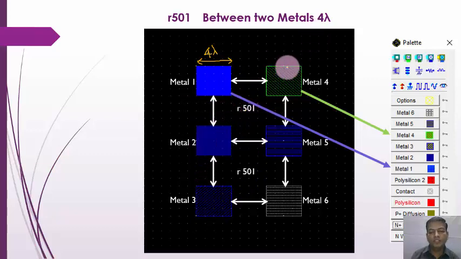So here a total of 6 metals are there: metal 1, metal 2, 3, 4, 5, 6. According to their applications, they are utilized in different layouts. Metal 1, metal 2, metal 3, metal 4, 5 and 6. Have you got it? Metal distance is 4 lambda. Rule number 501, and the distance between these two metals is again 4 lambda.